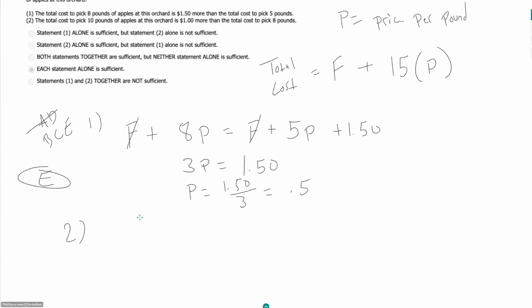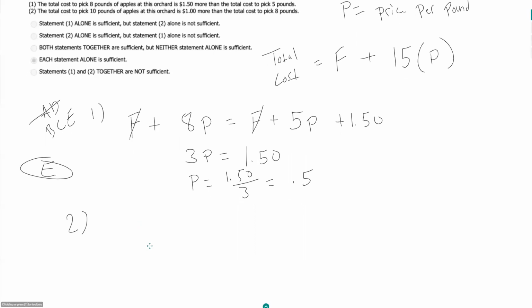But if I were running out of time, or I was behind on time, I would not hesitate to just glance at this second statement and choose E, and then move on and be 60 to 70% confident that I was right.